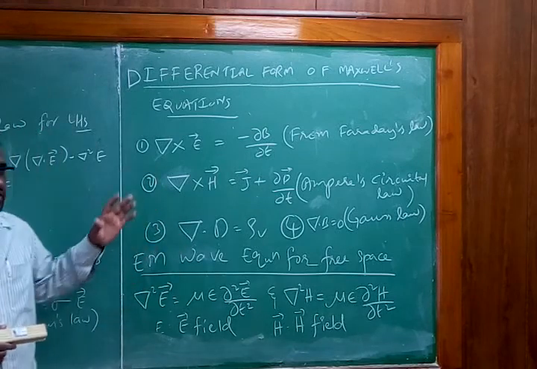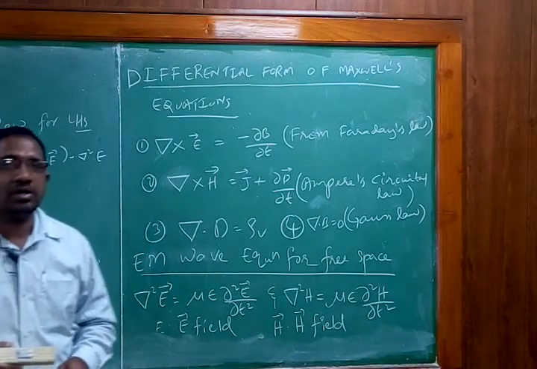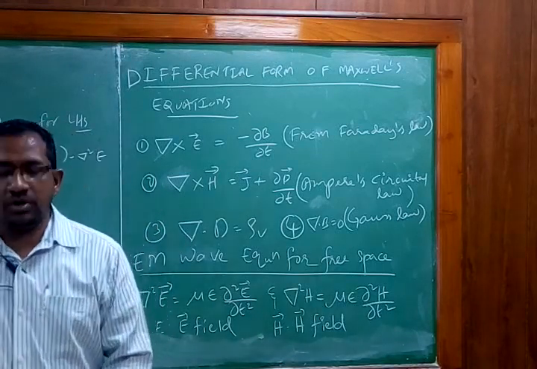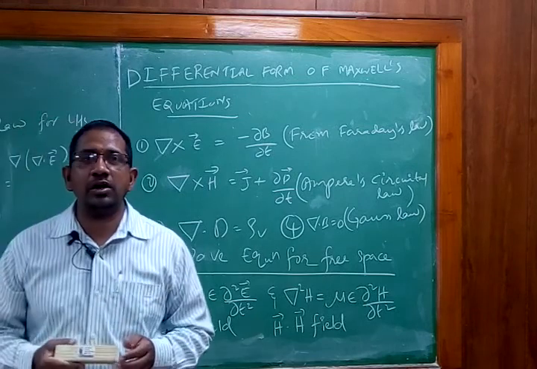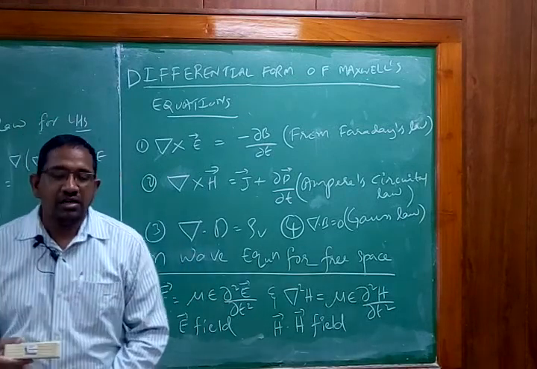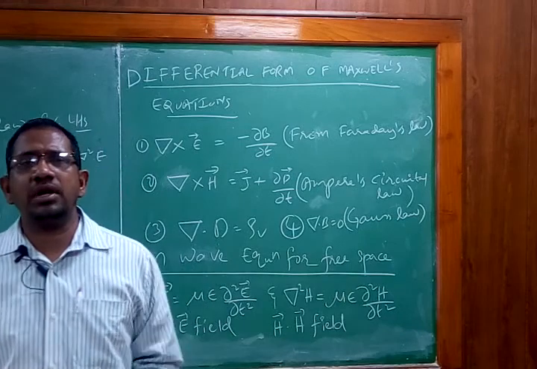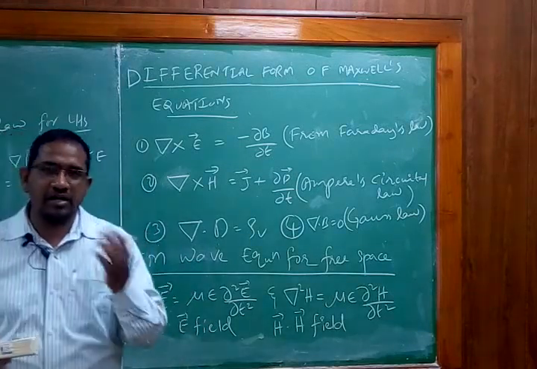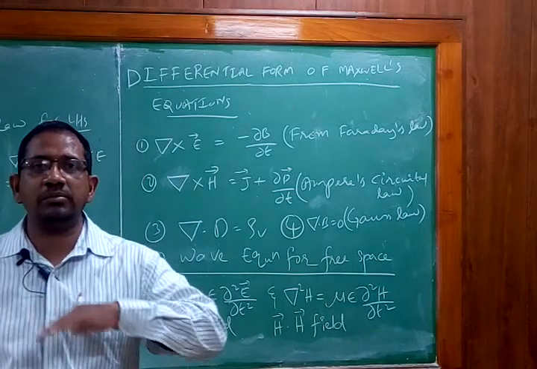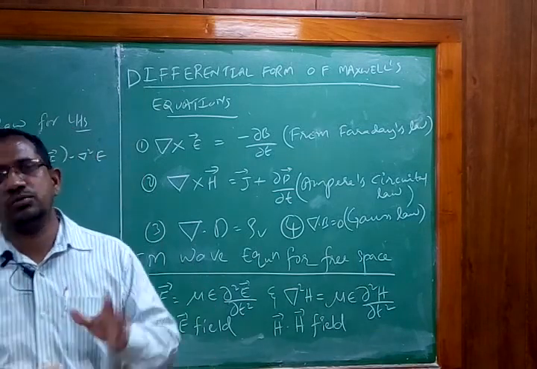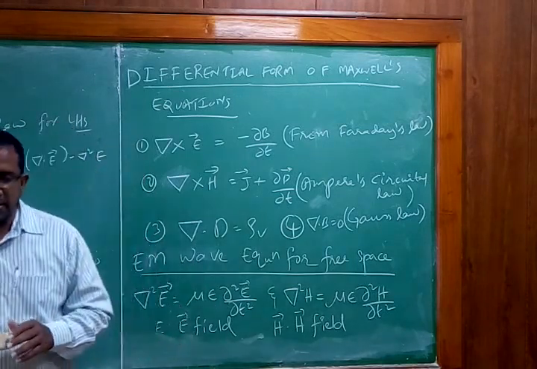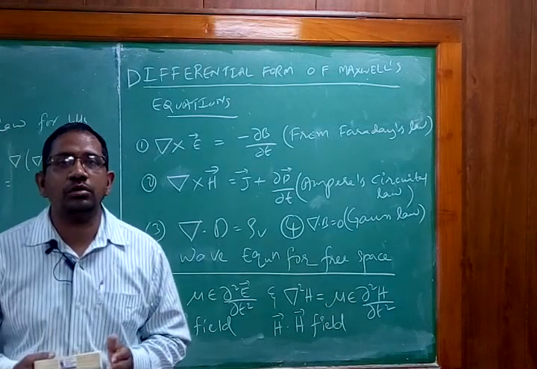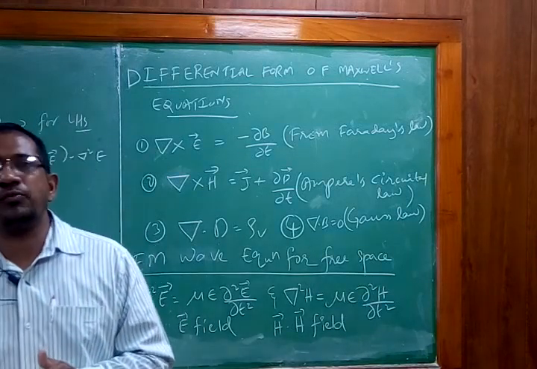Once we derive the equations, we will get into the actual equation. Here the beauty of the electromagnetic wave equations is that you can straight away write the magnetic field from the electric field equation, and the electric field from the magnetic field equation. That is the duality principle. The electric and magnetic fields follow the principle of duality.